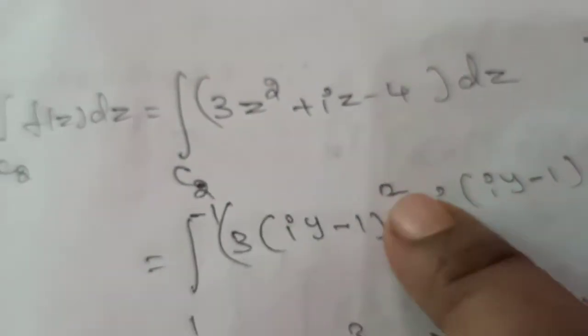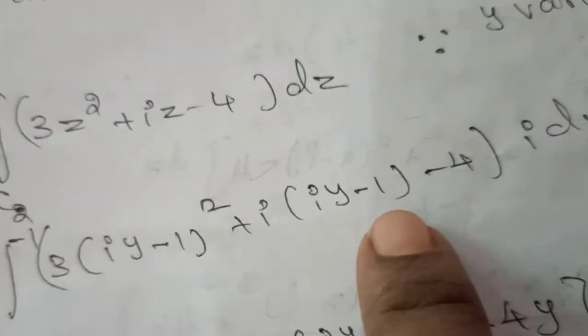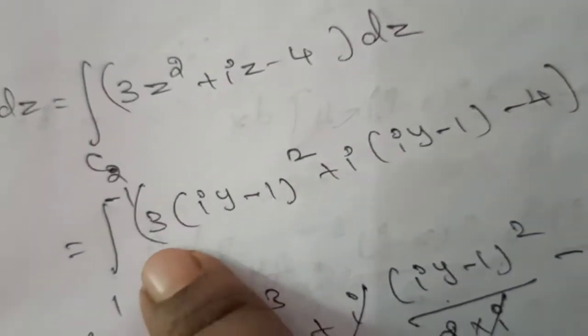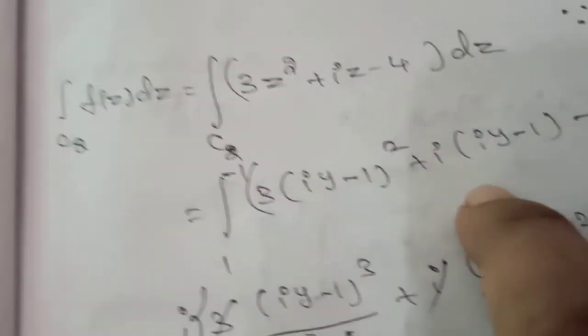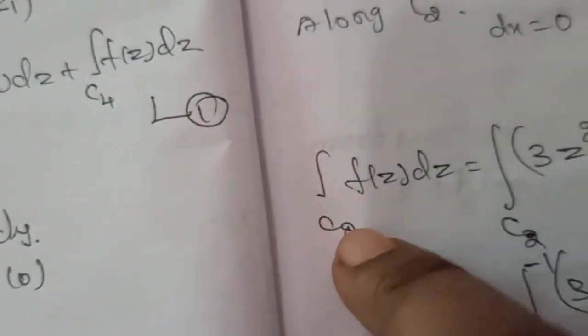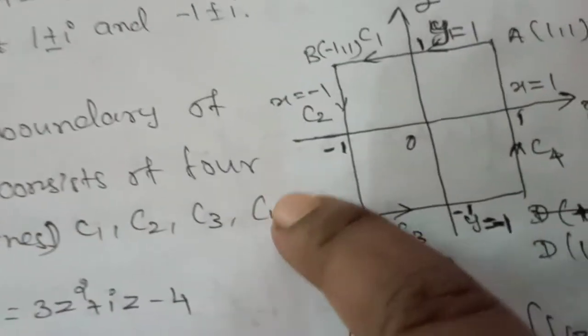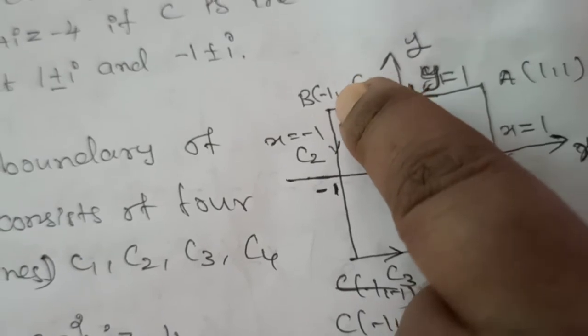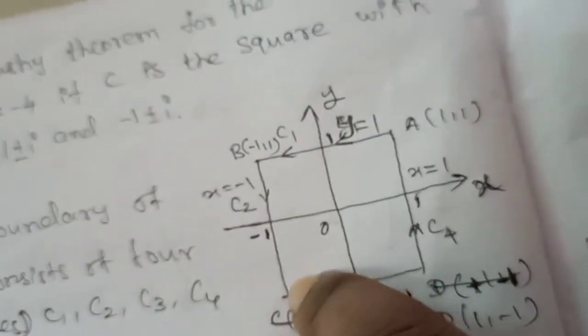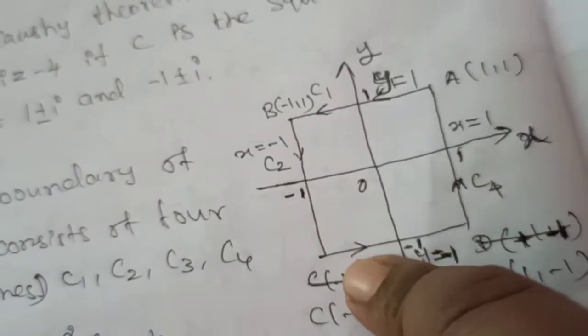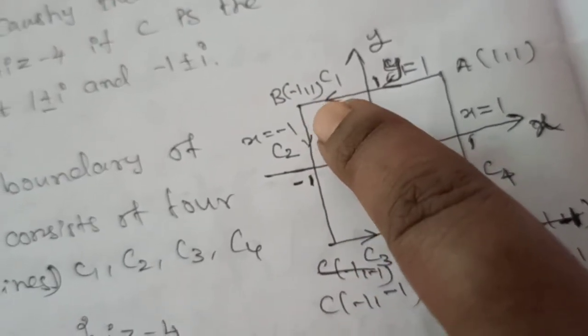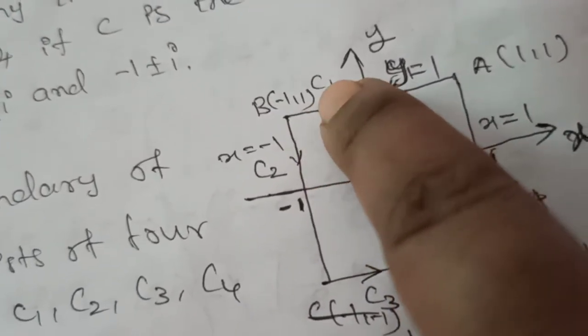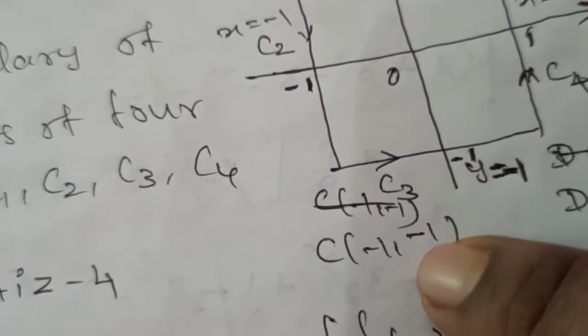Now take the limits. All the terms here have only the y variable, so we only need the limits for y. You take the values along C2. In this C2, you are going along the line connecting B to C, so y varies from 1 to minus 1.